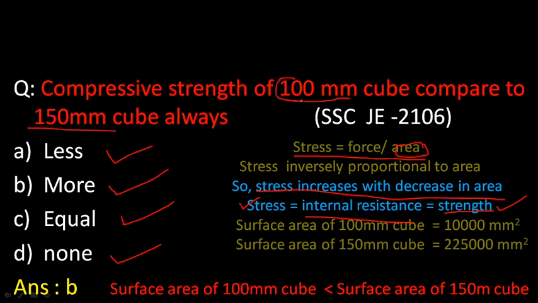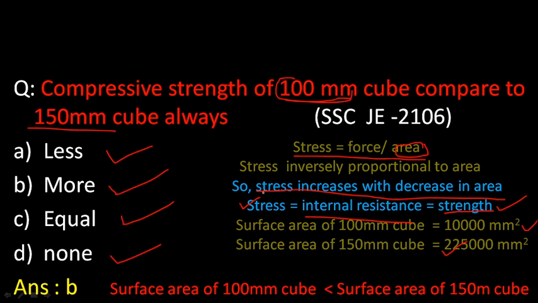The surface area of the 100 mm cube is say 10,000 mm square, and the surface area of the 150 mm cube is 22,500 mm square. If we compare this, the area of the 100 mm cube is less than the area of the 150 mm cube. So this is mm here, please note it down, 150 mm cube.